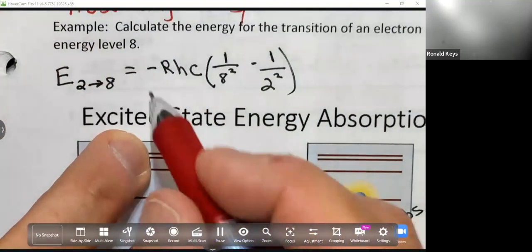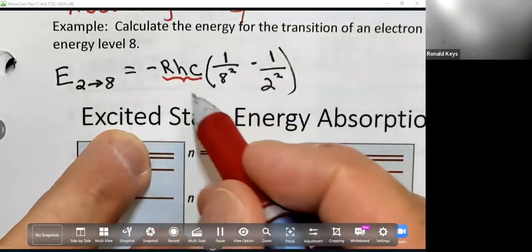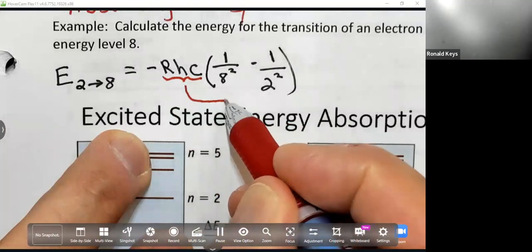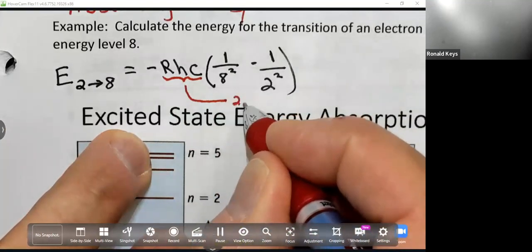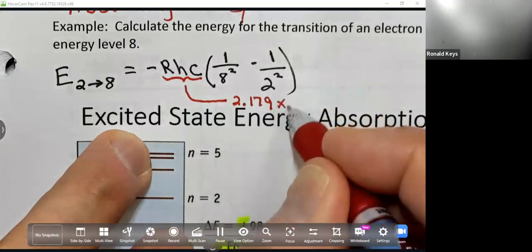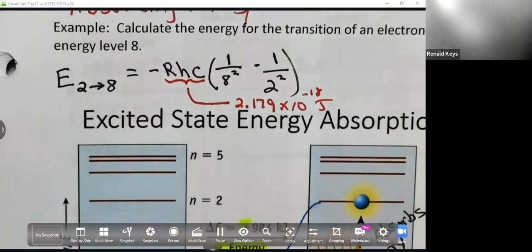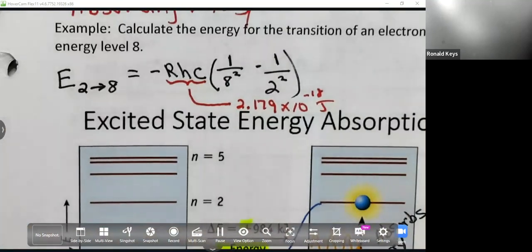And my RHC value, we'll just put it right here: 2.179 times 10 to the minus 18 joules. Calculate that.